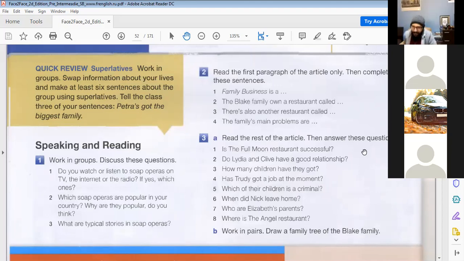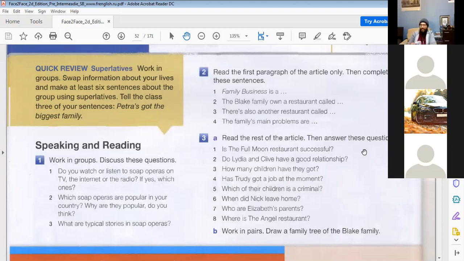Okay. And what about the husband and wife, Lydia and Clive? Do they have a good relationship? No. They will maybe divorce, yes. Who's thinking of divorce?